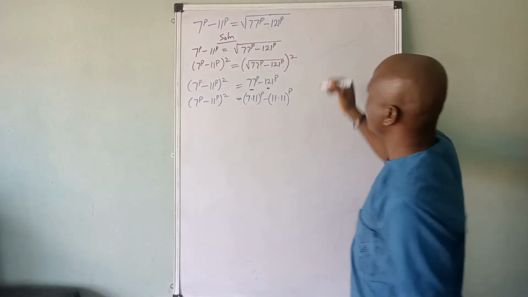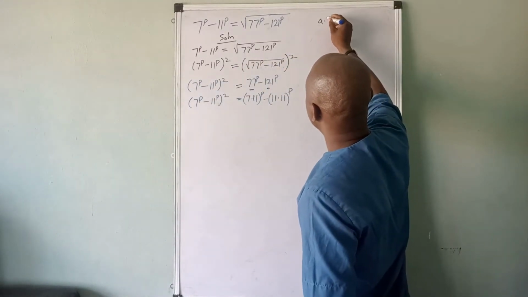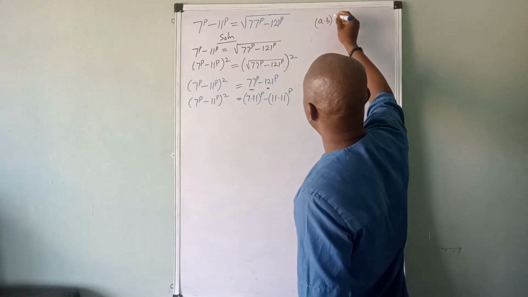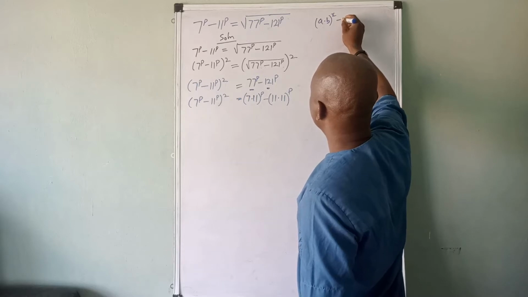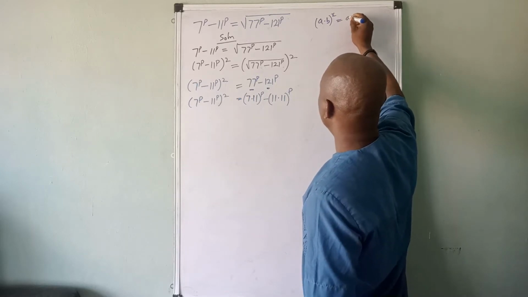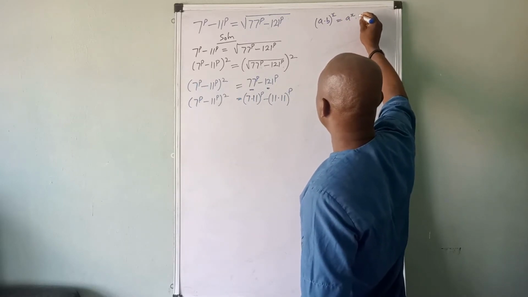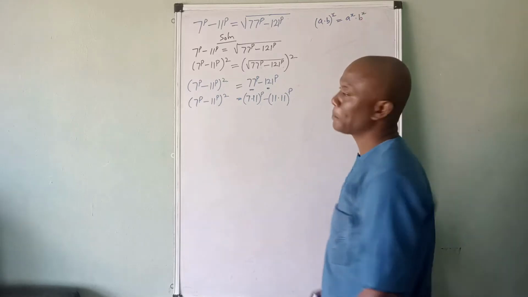So from here, there is a law of indices which says that if A is multiplying B and all raised to the power x, you can have it as A raised to the power x multiplied by B raised to the power x.